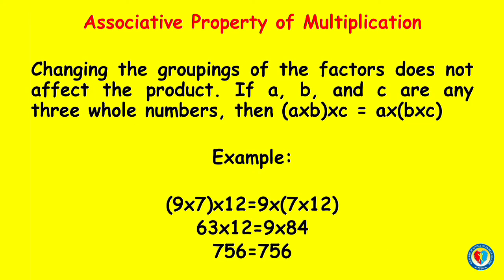Next, the associative property of multiplication. It means that changing the grouping of the factors does not affect the product. If A, B, and C are any three whole numbers, then (A times B) times C is equal to A times (B times C).